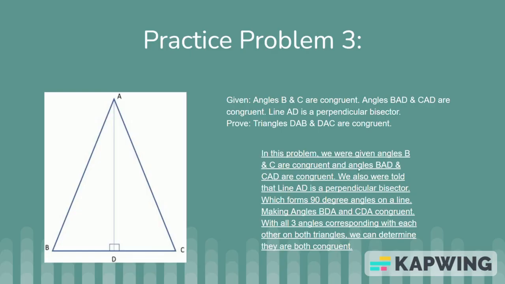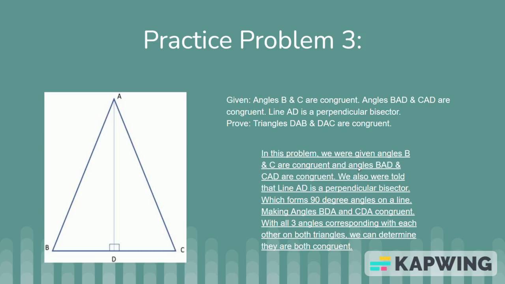Practice problem number 3. Given angles B and C are congruent, angles BAD and CAD are congruent, and line AD is a perpendicular bisector, prove triangles DAB and DAC are congruent. In this problem, we were given angles B and C are congruent, and angles BAD and CAD are congruent.